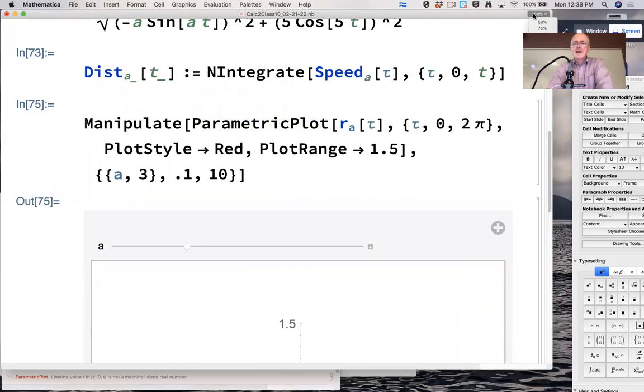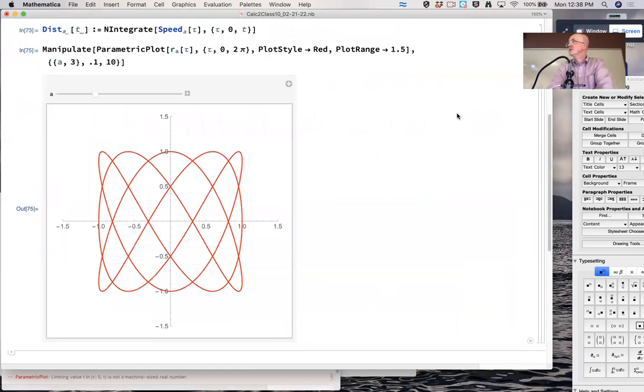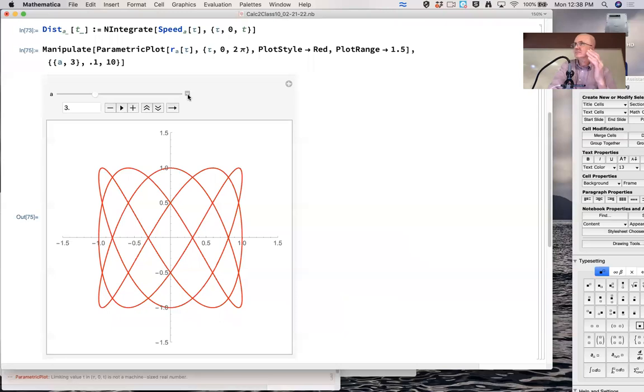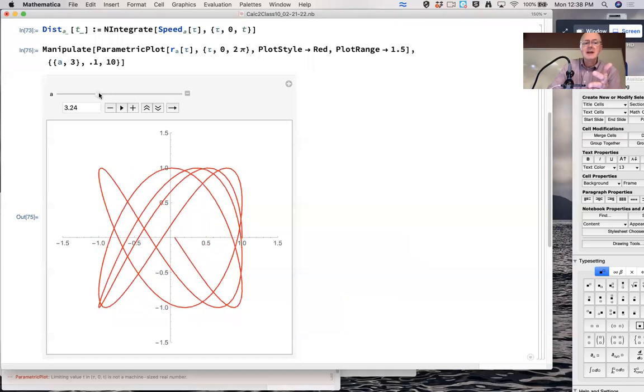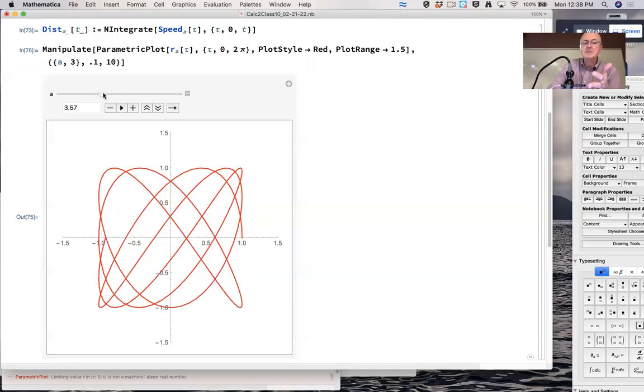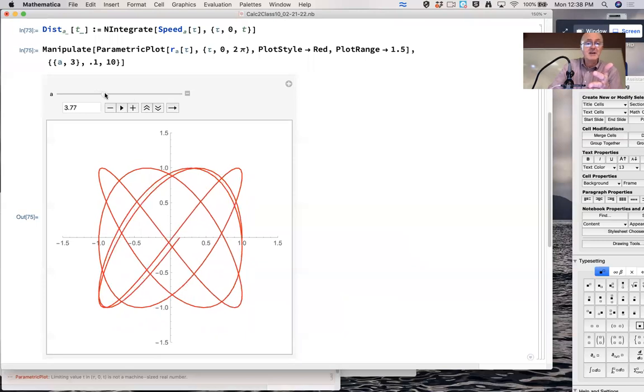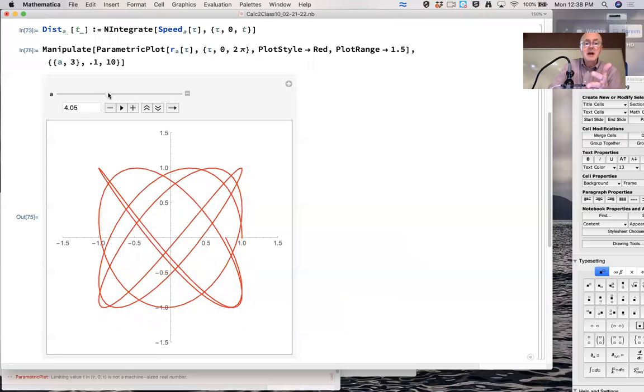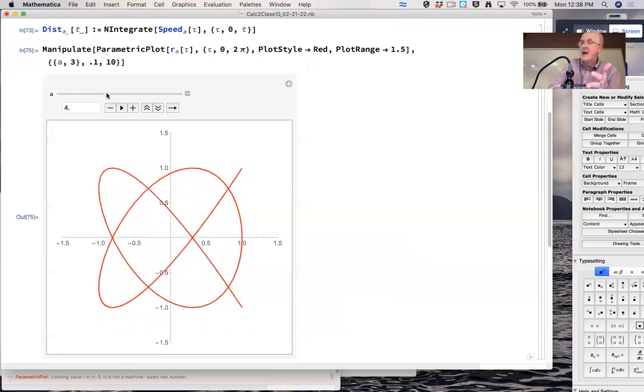Okay. And so what we see now here is the Lissajous figure. But now I'm not thinking about motion anymore. I could. Instead, I'm going to think about what happens as A changes. And so I can move the slider to see what happens as A changes. And it's kind of pretty. And sometimes it's fairly mundane, like that one, though still interesting.